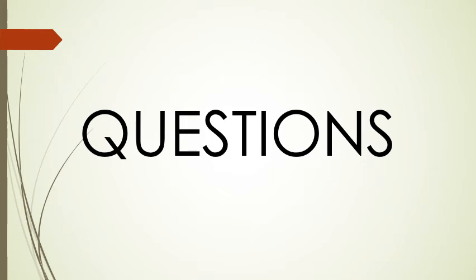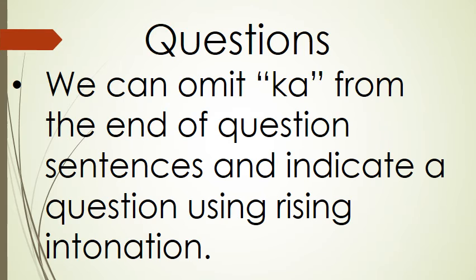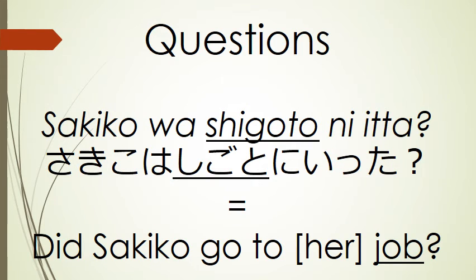And now we're going to look at forming questions in short form. When we ask a question in short form, we can omit ka from the end of a sentence and instead indicate that we're asking a question by using rising intonation at the end of our sentence. So, if I said, Sakiko wa shigoto ni itta, that would mean, did Sakiko go to her job? And you see, I didn't add ka at the end.